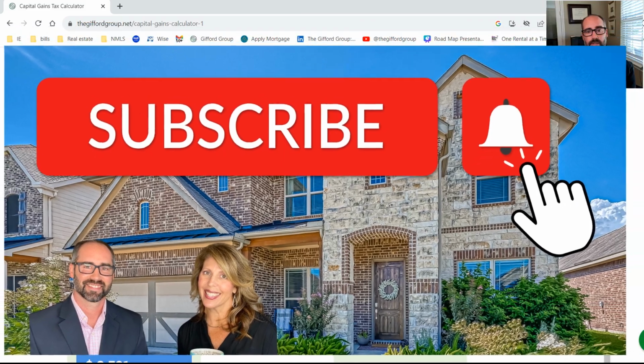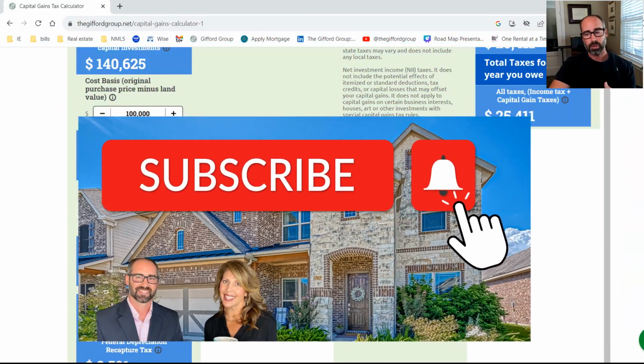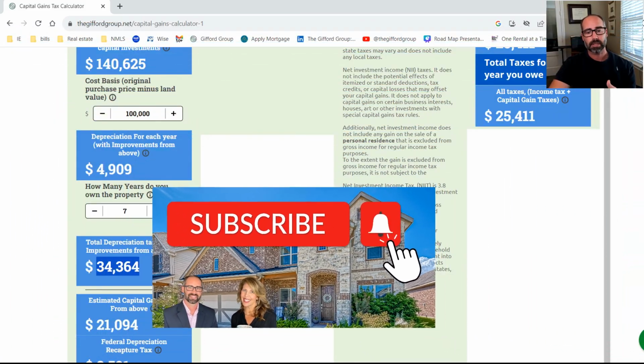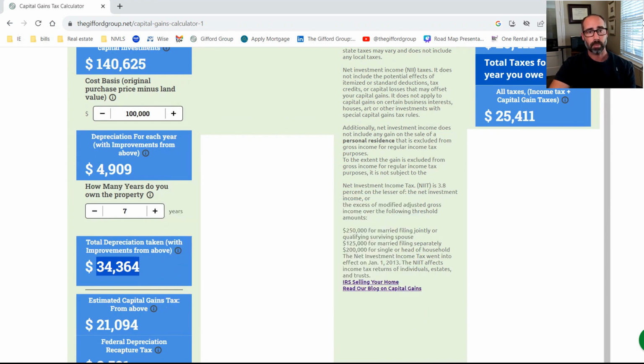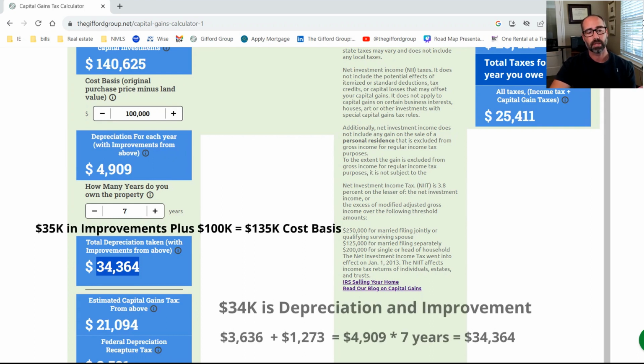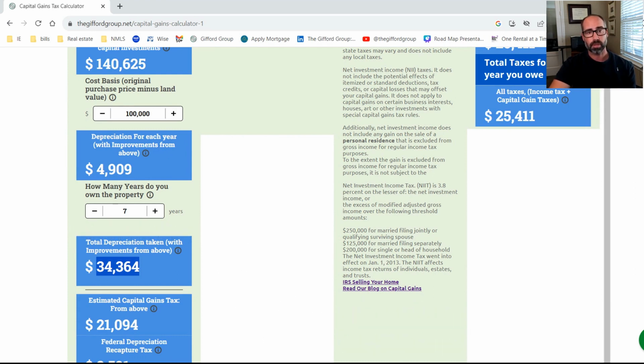After 27 and a half years, basically the whole building's been depreciated, right? The building's still going to be standing there likely after 27 and a half years, and you can deduct any of those other repairs you did along the way, but the building will still be there. And so this is just a phantom loss you have to repay back when you do sell the property.